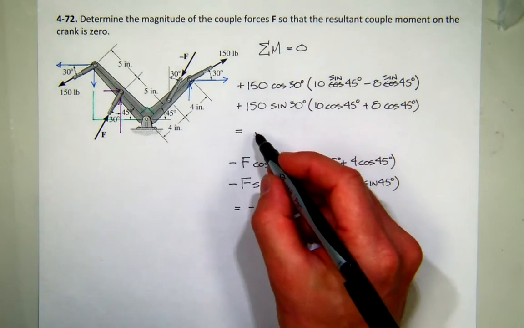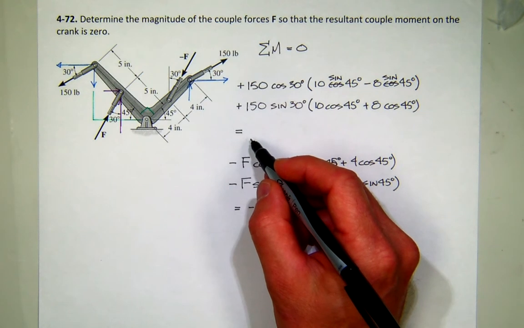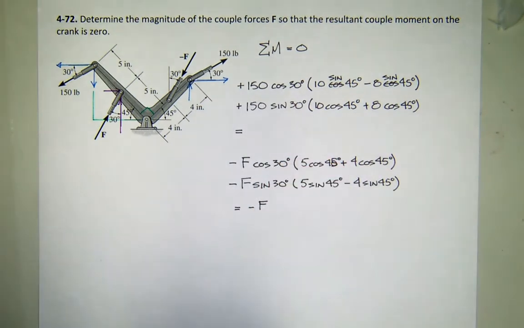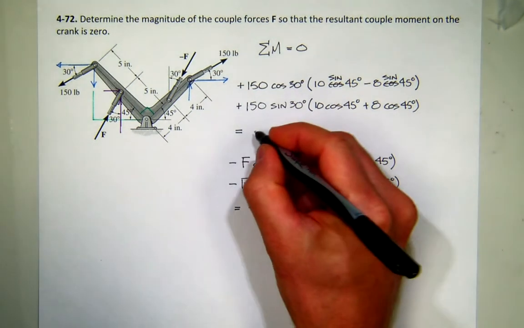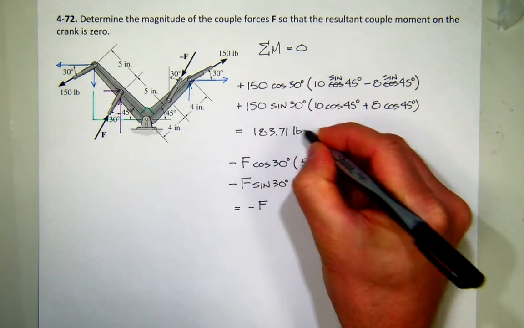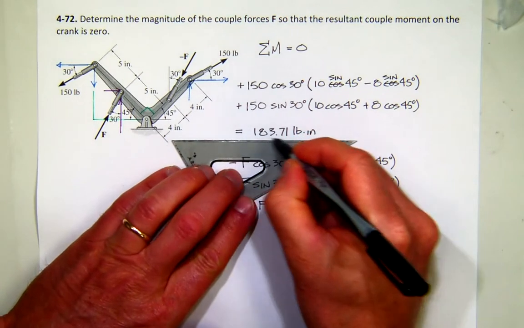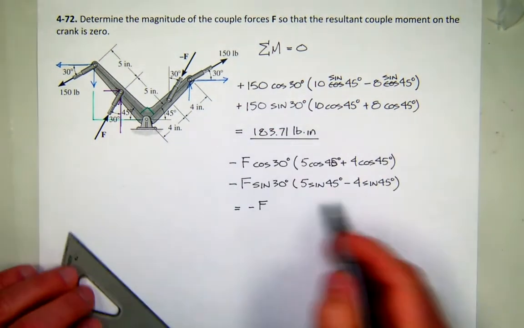So, anybody else get 183 for the first number? Anybody else get 183.71? Alright, we'll just have to wait and see. That sounds good. So 183.71, and that should be pound inches. So we're going to get a really small number, I think, here for all that.